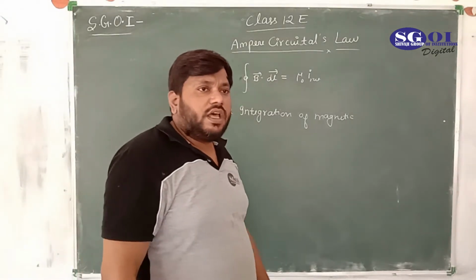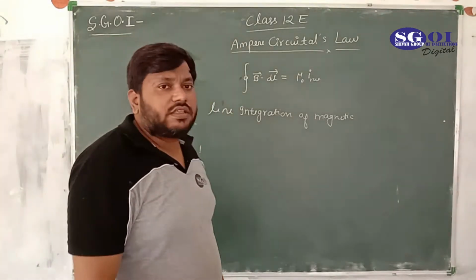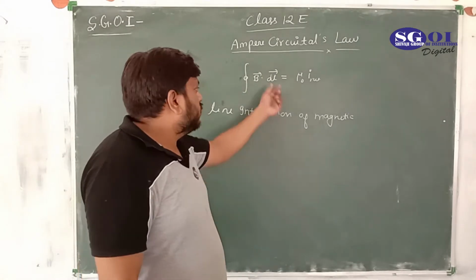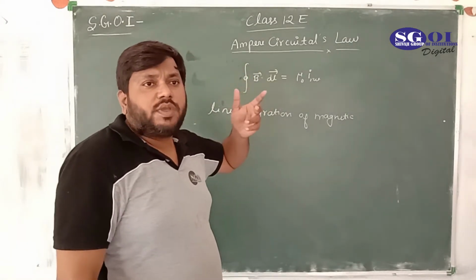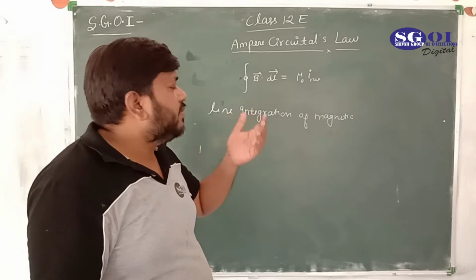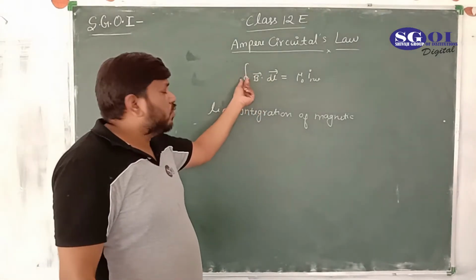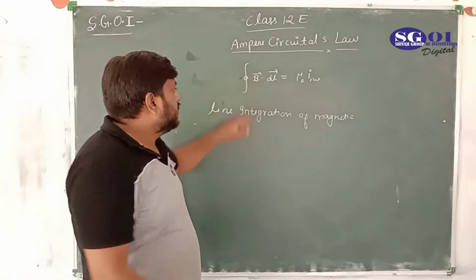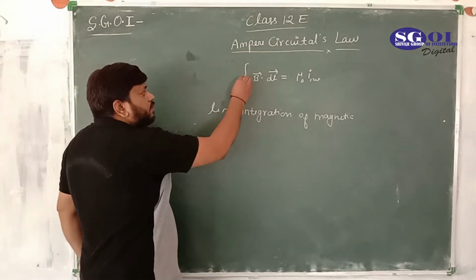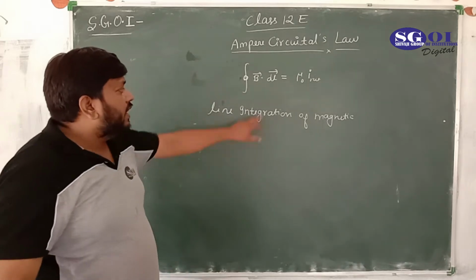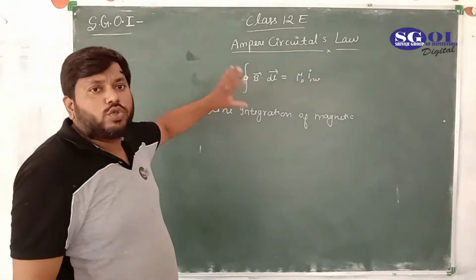In mathematics there are three integrations: line wise, surface wise and volume wise. So it is dl; there may be dA area wise and there may be dV volume wise. So it is line wise, but over a closed curve. This symbol denotes that the line integration is over a closed curve.